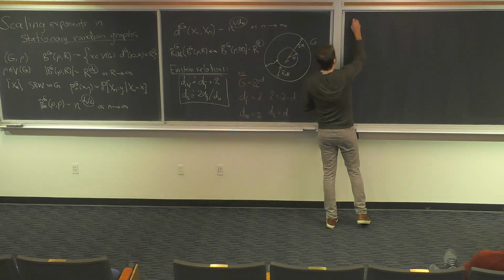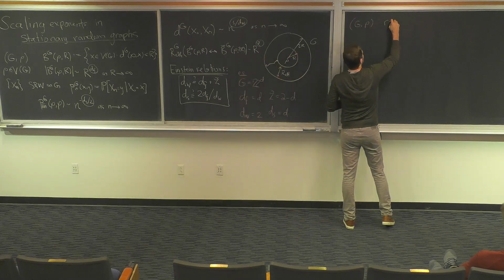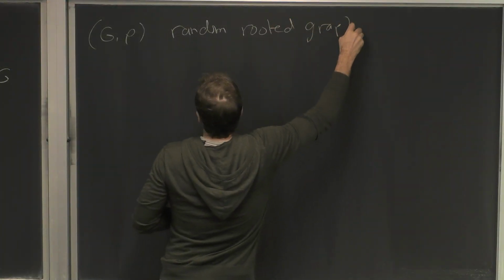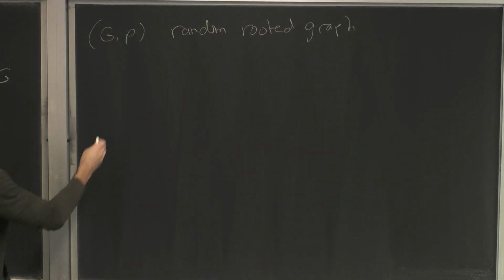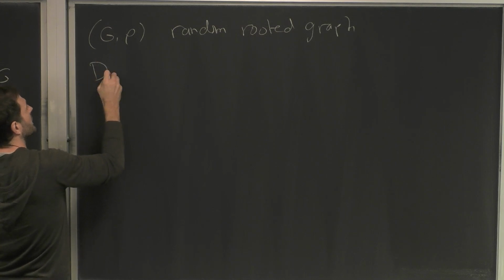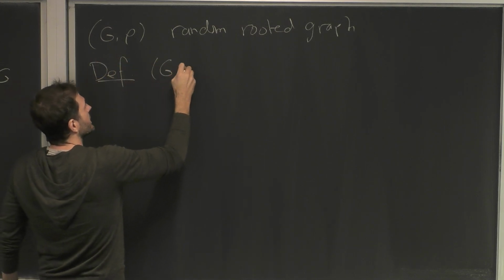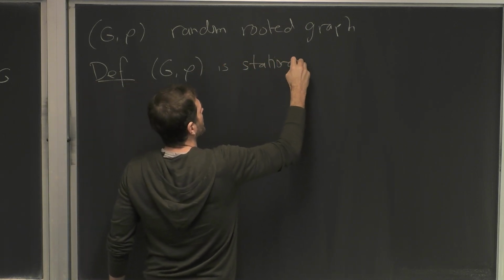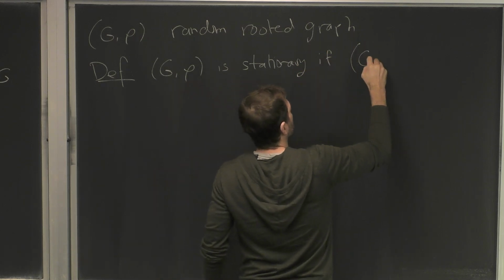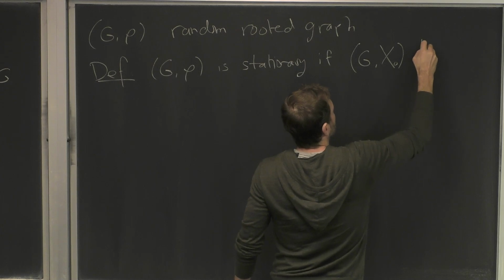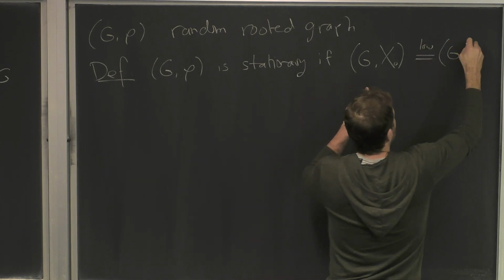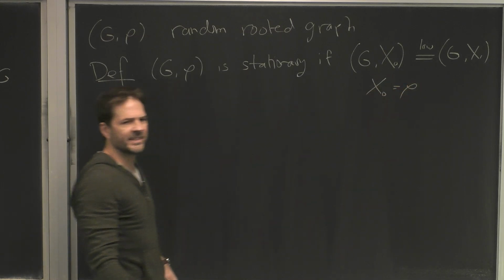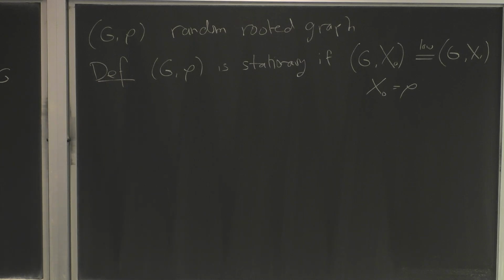So this will be some random rooted graph. And then let's make a definition. This is stationary if the law, okay, so in general, unless stated otherwise, I'm going to start the random walk at the root of the graph.